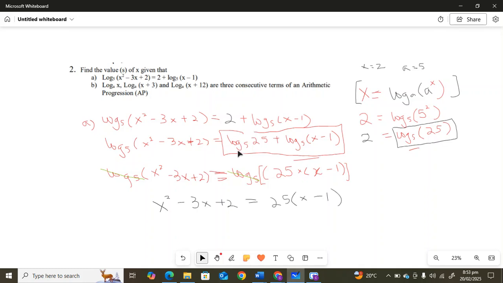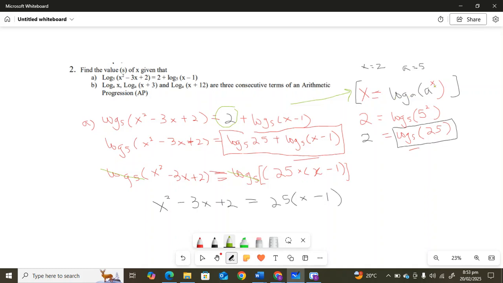Two changes to log 5 district. I said whenever you want to convert a number into logarithmic form, you use this equation here. Okay, x equals log a to the power x.